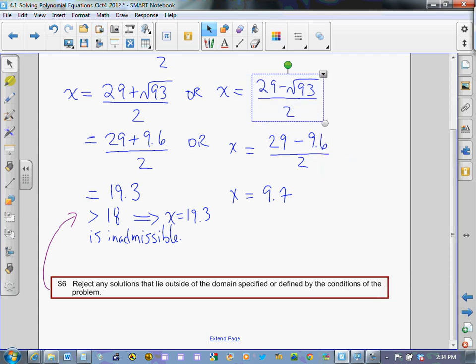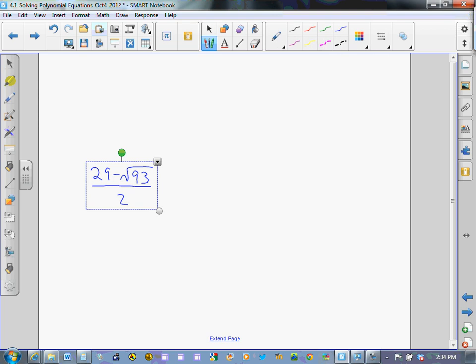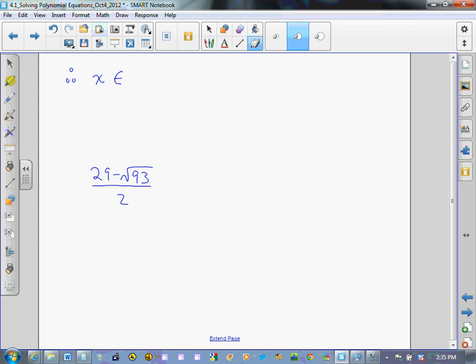So in our final slide, as we bring some closure to this problem, is to make a final statement. So therefore, x belongs to a particular set of values that satisfy the equation. And in fact, I'm going to go a little more formal than this.